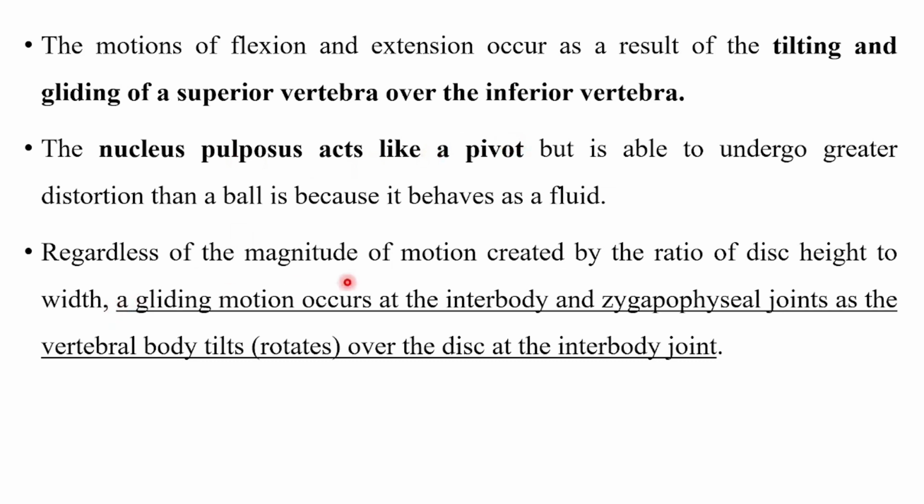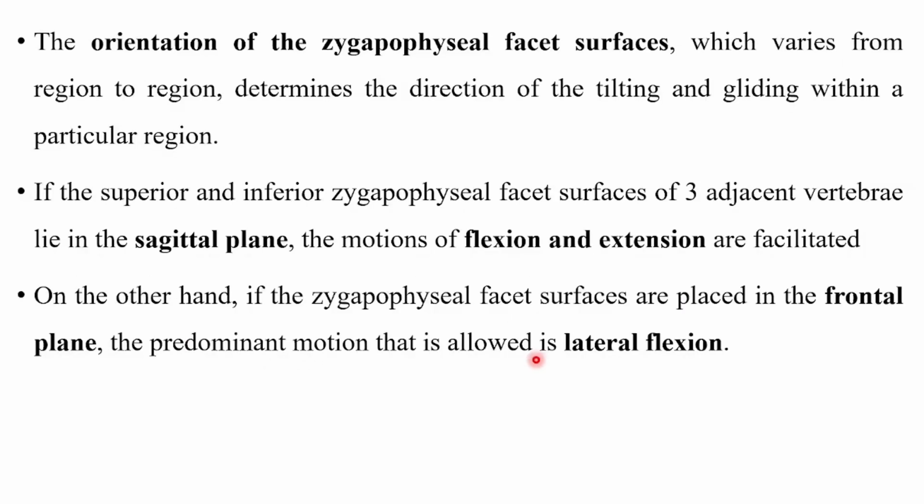Regardless of the magnitude of motion created by the ratio of the disc height to width, a gliding motion occurs at the interbody joints and the apophyseal joints as the vertebral body tilts or rotates over the disc at the interbody joints. The orientation of the facet surfaces, which varies from region to region, determines the direction of tilting and gliding within a particular region.